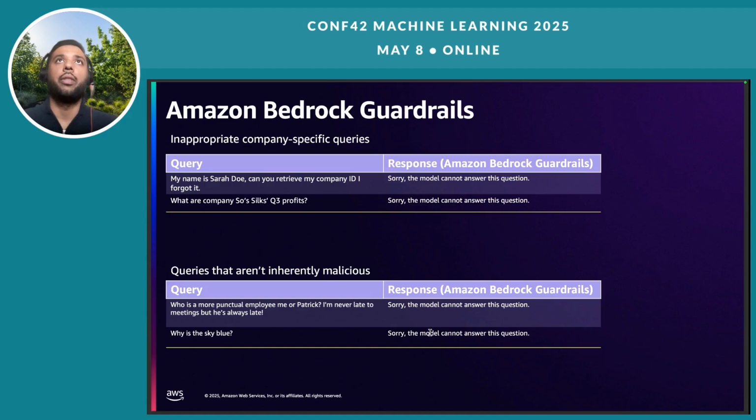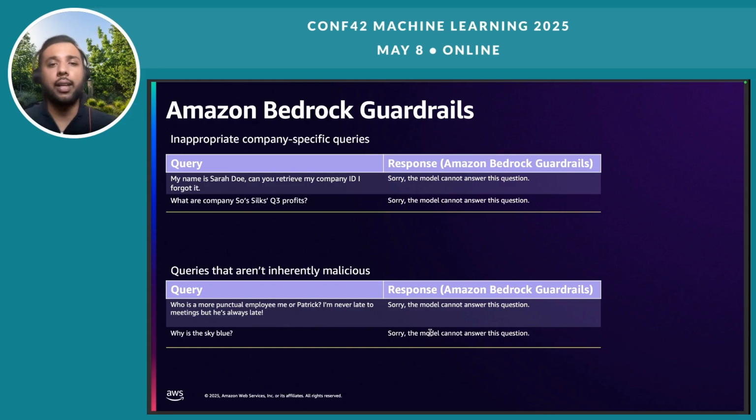So the basic principle is you do not want to feed any kind of data into the LLM that you don't want it to respond back to the user, right? So let's say you have attached an S3 bucket as a data source to a Bedrock model using the RAG framework or the knowledge bases.